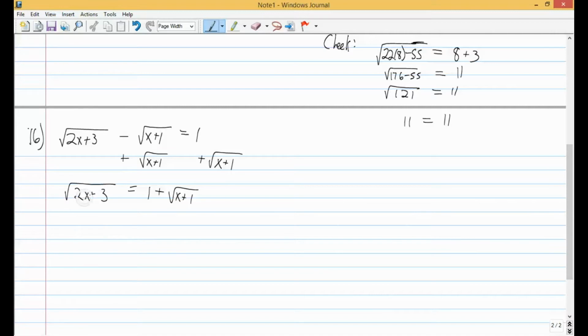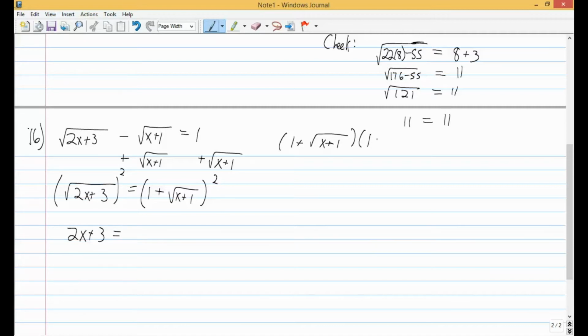Alright, so now what I need to do to solve this equation, the first thing I do is square both sides. I have one of the radicals by itself, so when I square the left side, that gets rid of the radical. Now squaring the right side is a little tricky, so you might want to write this part out. You have to square the binomial 1 plus the square root of x plus 1.